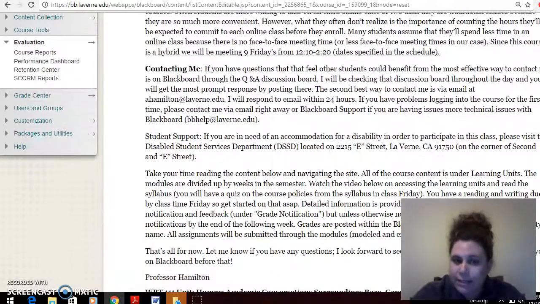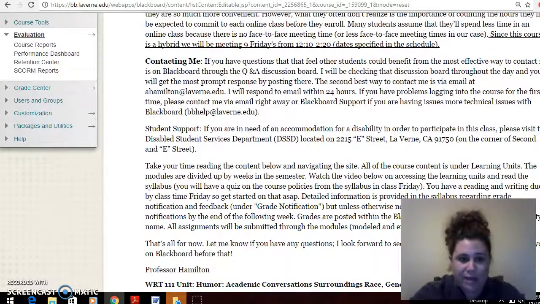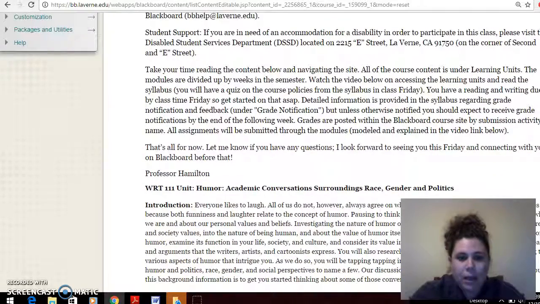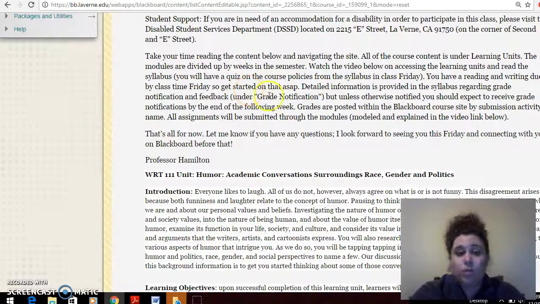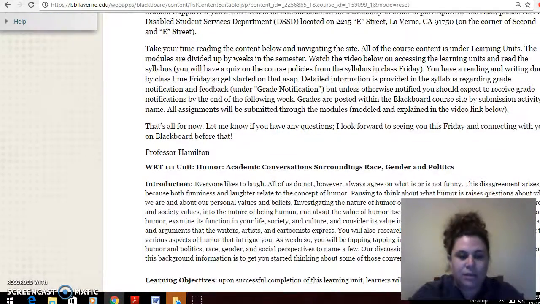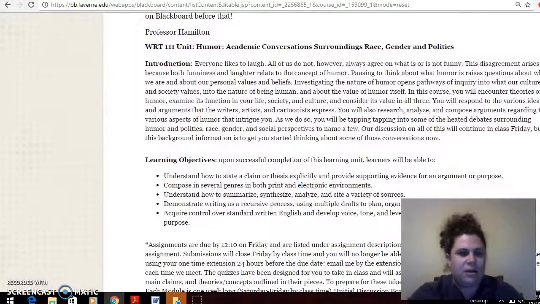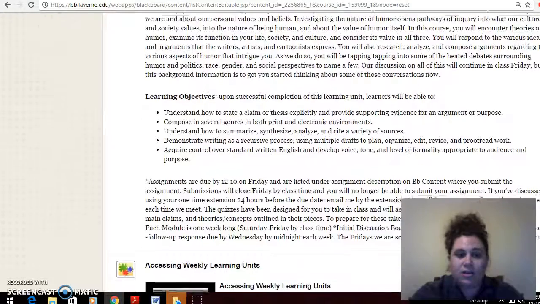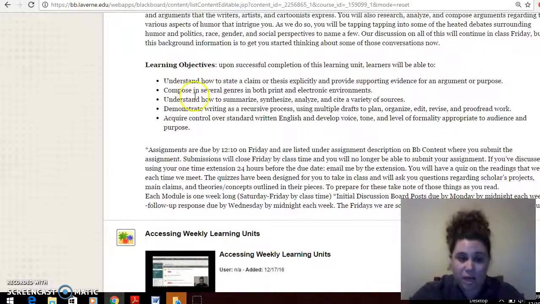Information about contacting me, the different methods for that. Information on student support. Information on grade notifications and where they can find more detailed information on that, which is the syllabus. And then lastly, an introduction to the unit and the student learning objectives.